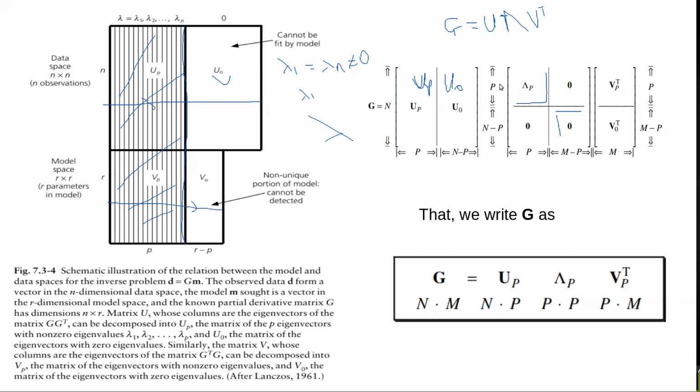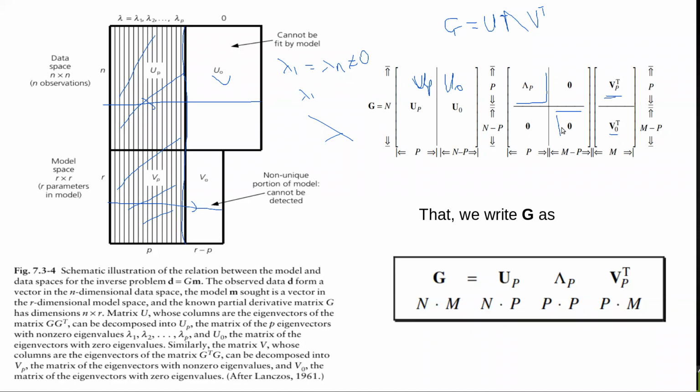Then we can decompose this in this way, and V, associated with the non-zero singular values, will be this and then that.